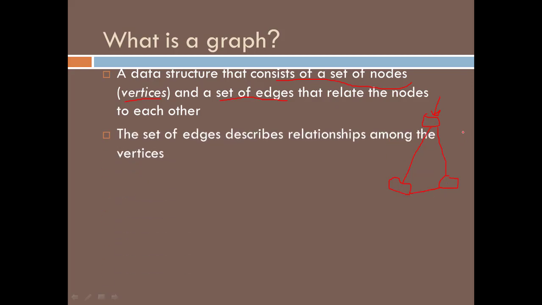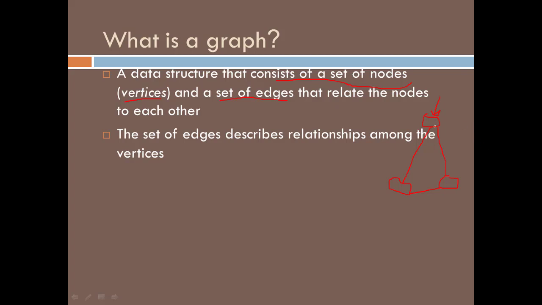The set of edges describes the relationship among the vertices. The edges, these lines which are connecting these nodes, describe the relationship between these nodes. There could be multiple kinds of relations. Let's consider this graph as a map of a city, for example.